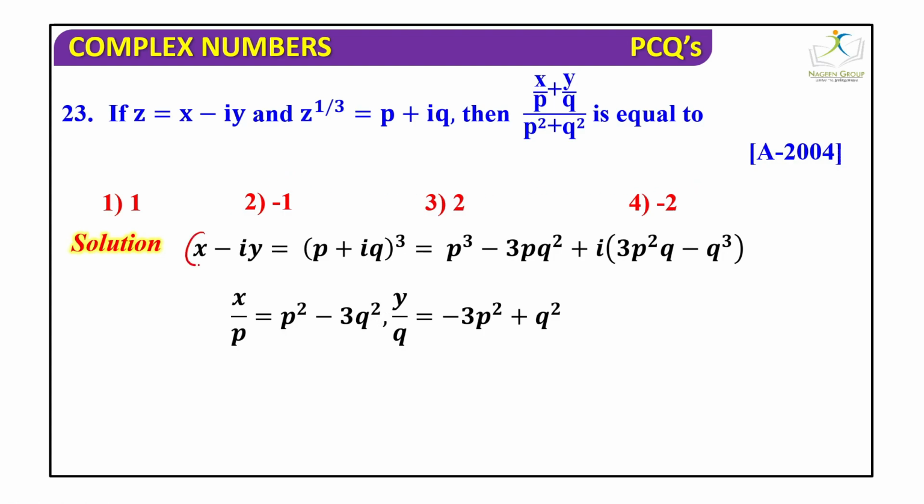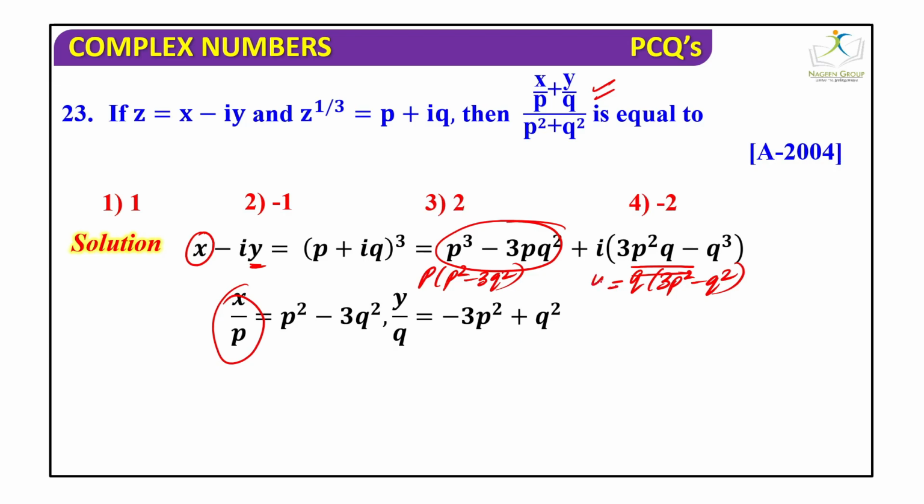Real part और imaginary part को हम क्या करते हैं, compare कर लेते हैं, right? So from here p you take common and this will be p square minus 3q square. Take this p downside so that you will get the equation. From here take q common, this will be 3p square minus q square.